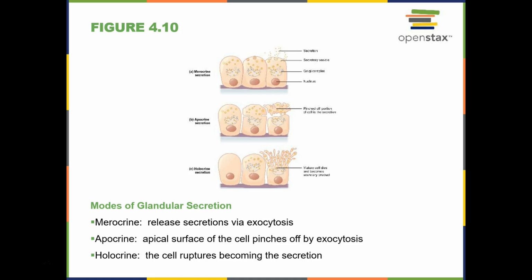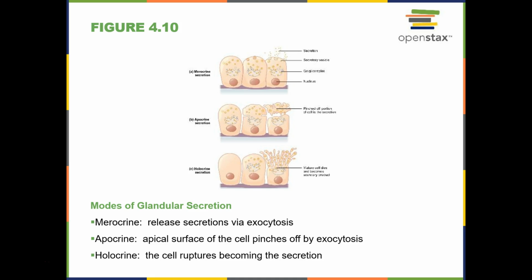Apocrine secretion is a form of exocytosis, but the material binds to the surface of the cell, the apical surface, and then the entire apical surface of the cell pinches off. So a portion of the cell is lost in the secretion.